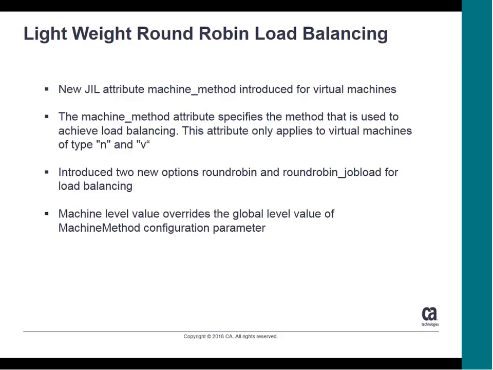So this is the difference between round-robin and round-robin job load. Okay, and this machine method attribute is applicable to machines of type N and type V.